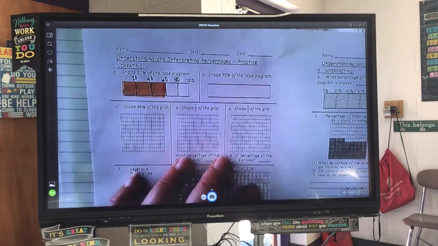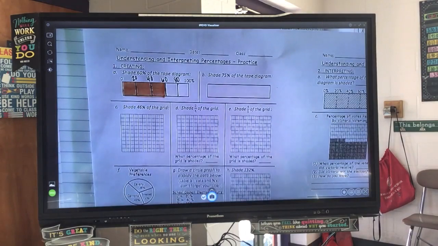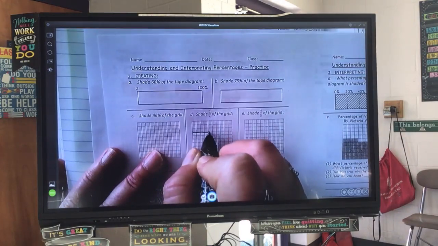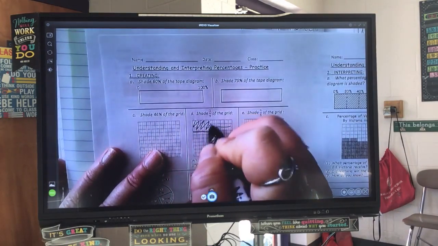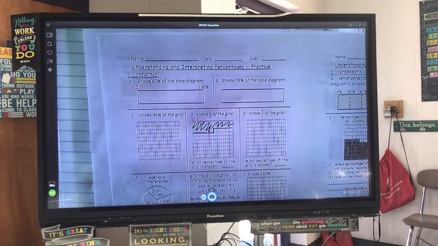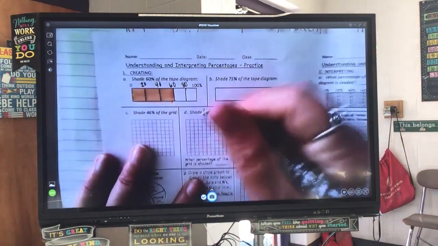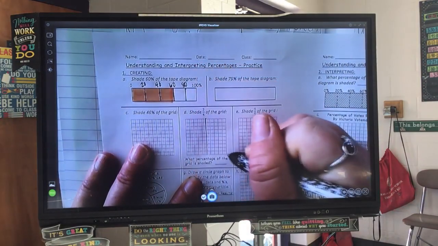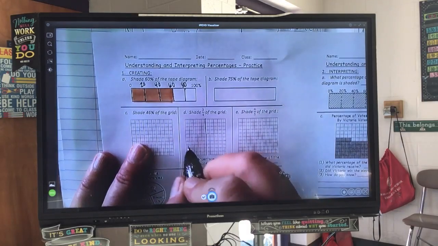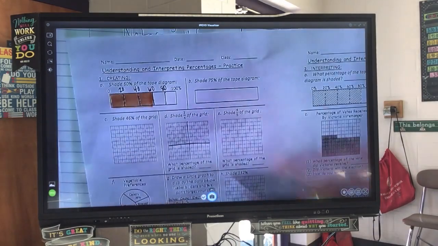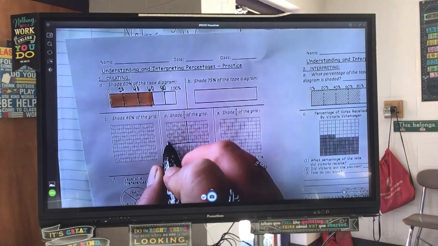Okay. So again, you cannot do this, and shade that in. That is not an equal section. I see where y'all are going. Why can't we just do it like this? 1, 2, 3, 4, 5.